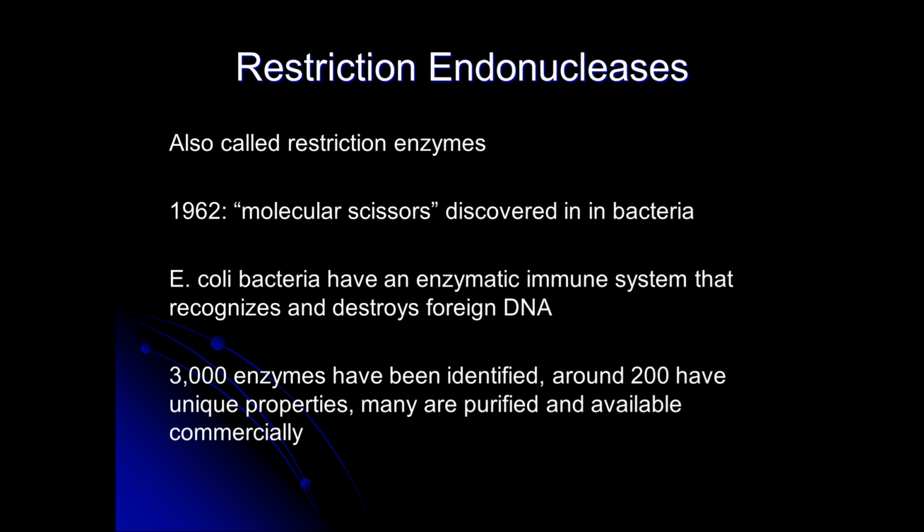So now we start our restriction endonucleases. Restriction endonuclease is also known as a restriction enzyme. In 1962, the molecular scissors were discovered in bacteria. Mainly bacteria are the group of organisms in which these restriction enzymes are present. You have heard about PCR techniques, right?